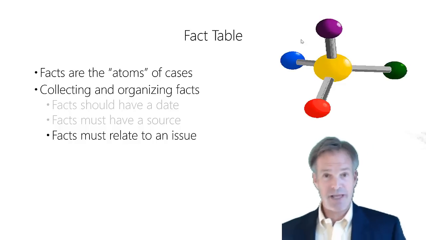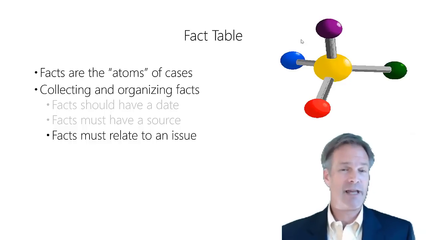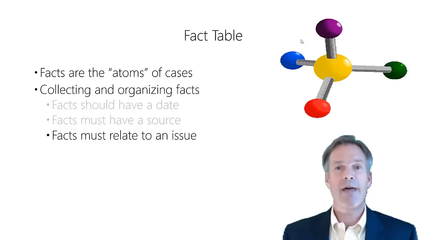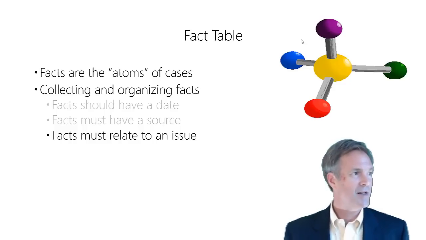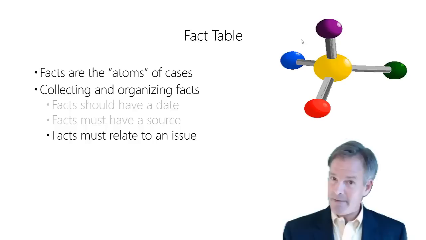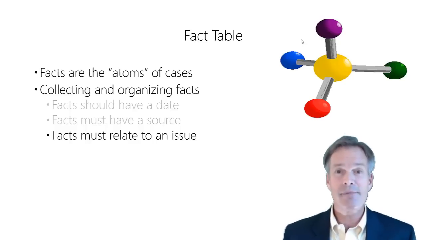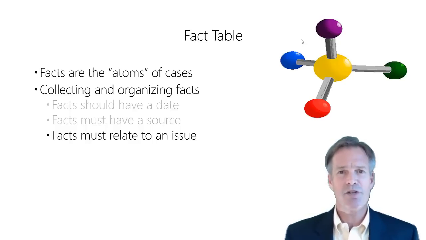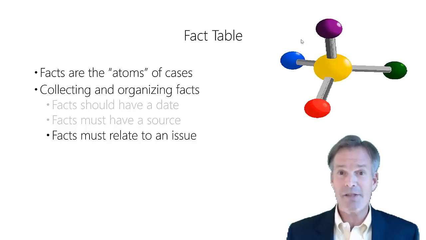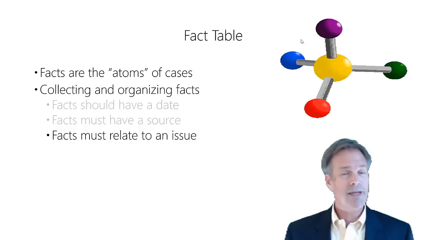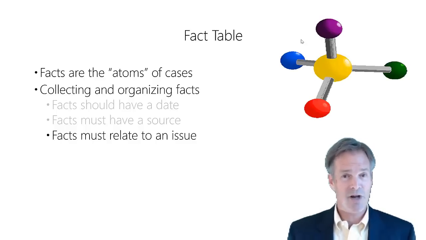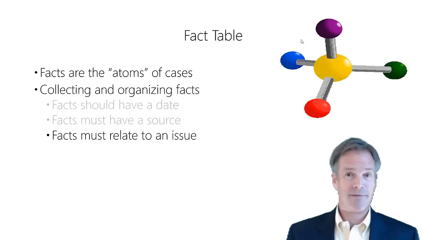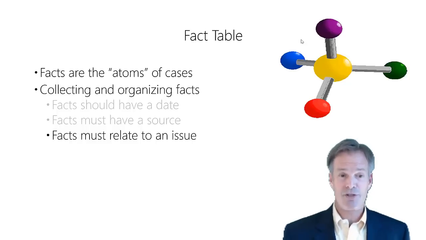It may be, for example, a fact like the plaintiff had a broken neck as a result of the accident. Well, that's a fact, all right. It's got to be sourced to a doctor, perhaps, and an x-ray, perhaps. But it needs to relate to an issue. Does it? Well, it does. This is a personal injury case. And the two big issues in all personal injury cases are liability and damages.